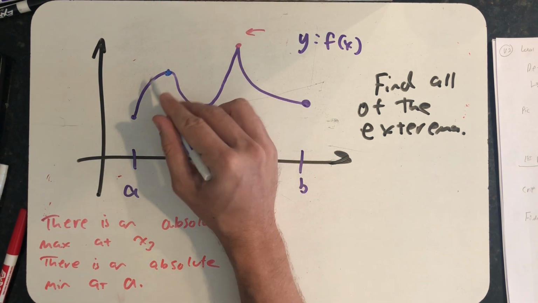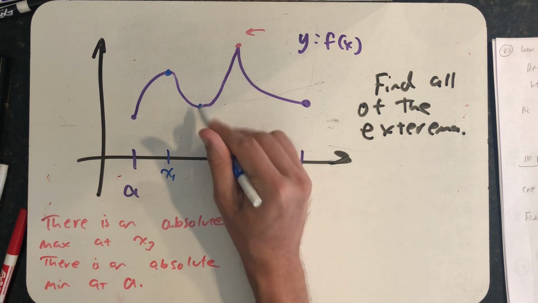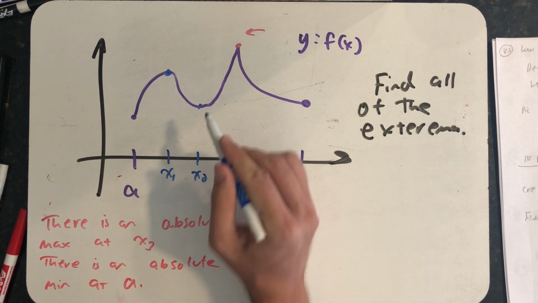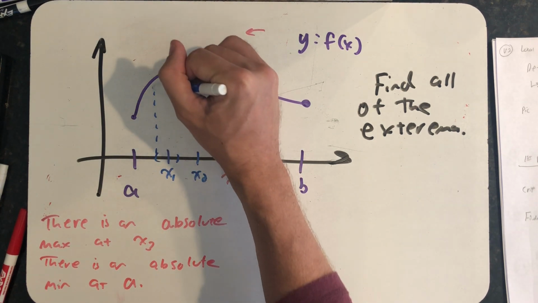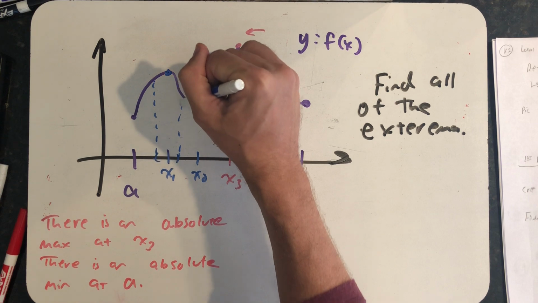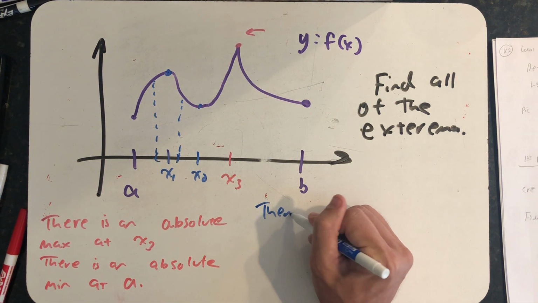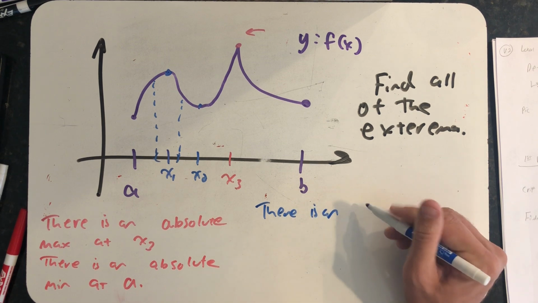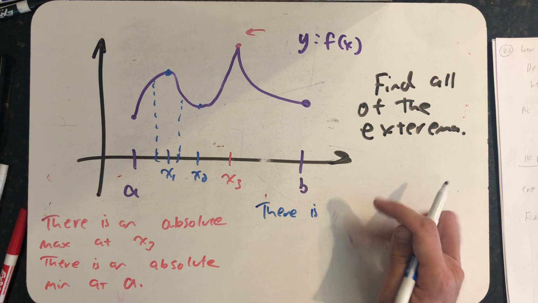Here and here, where my graph turns around, I'll call this x value x1 and this x value x2. If I look at just a small open interval around x1, then that looks like the top of a mountain. Right, that looks like a highest point. There is a local max at x1.